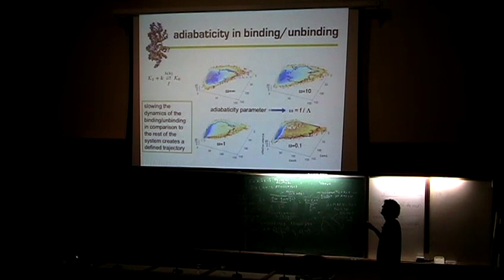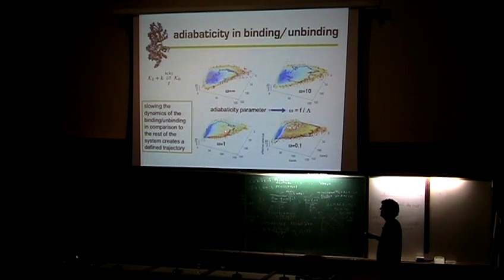This well corresponds to the vegetative state, low ComK. And this cycle over here is high ComK, so it's this cycle that corresponds to competence. Then if you make the binding and unbinding really slow, they have a binding event that will throw the system up here, then an unbinding event that's going to throw it back down.